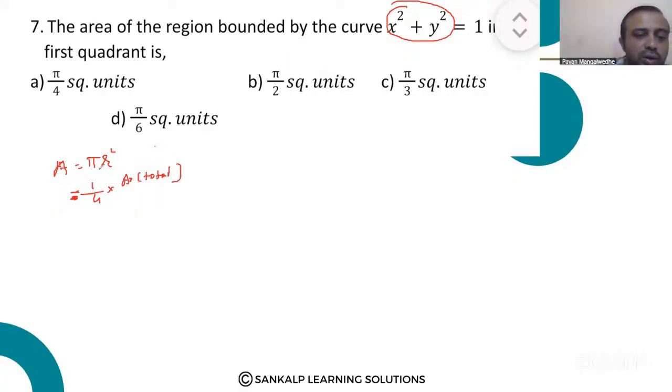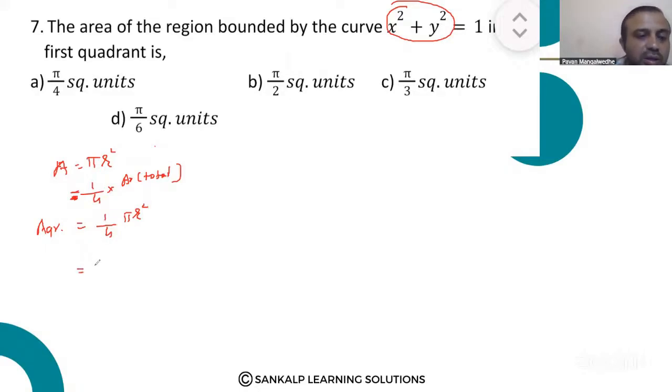So the area of the quadrant, I'll write it as AQ, is 1 by 4 into the area of total, that is 1 by 4 pi r square. Already we know that r is equal to 1 from the standard form of the equation.